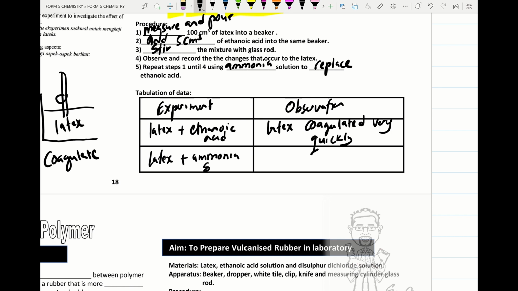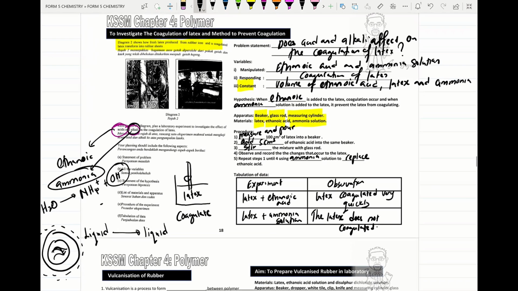When we add ammonia solution into latex, it will prevent the latex from coagulating. So the observation: the latex does not coagulate. So this is the experiment that students must remember, the method to prevent the coagulation of latex.